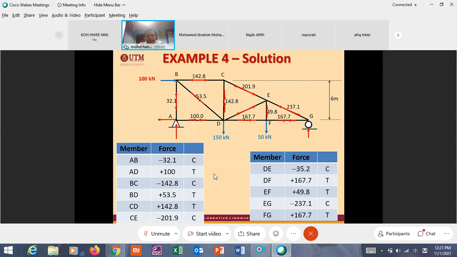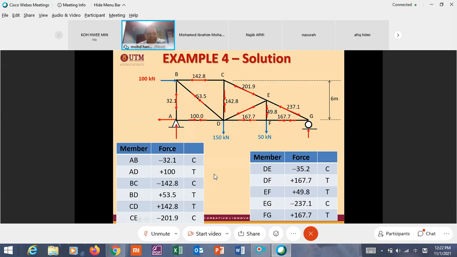It is actually very beneficial if you can summarize or show the force together with the arrowhead on the structure itself. More practical.